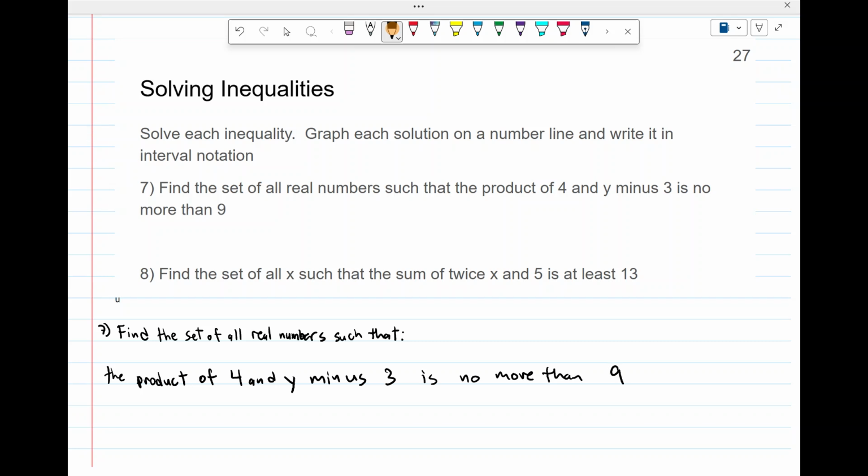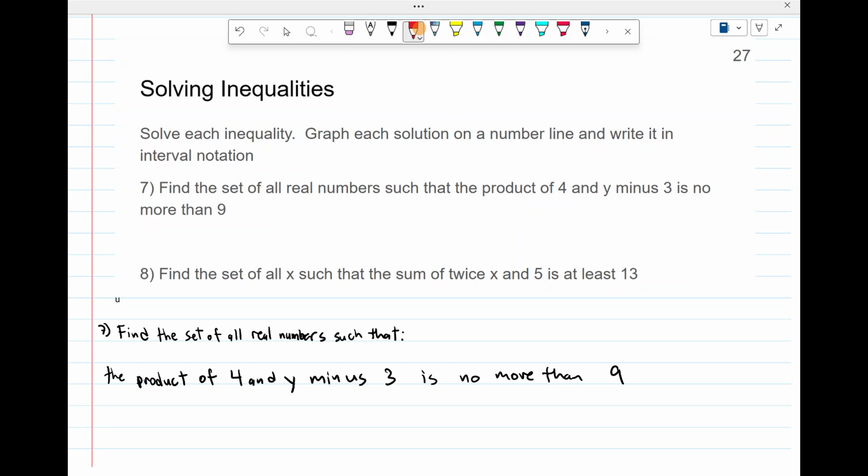And write that all out in one line so that it's straight across. For example, you wouldn't want to put no more than 9 underneath what you already wrote. You want everything in one line as opposed to putting it in two lines. The reason why is this helps me at least try to figure out what's going on.